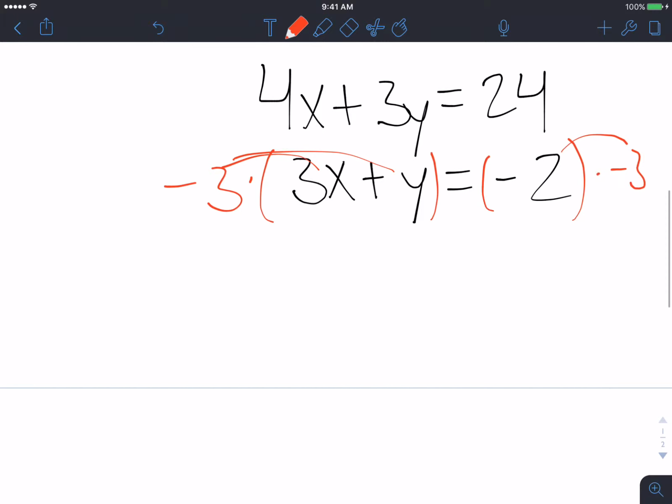Negative 3 times 3x is negative 9x, and negative 3 times 1y is negative 3y, equals negative 2 times negative 3 is positive 6.